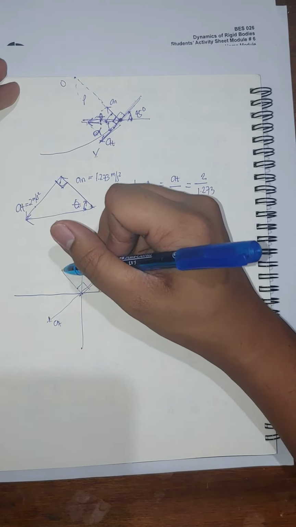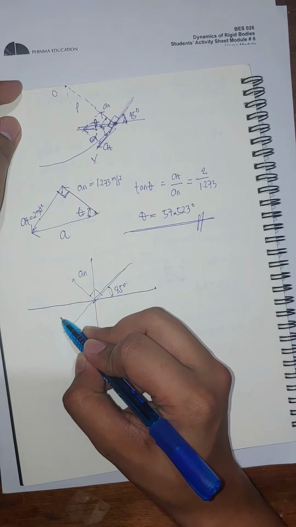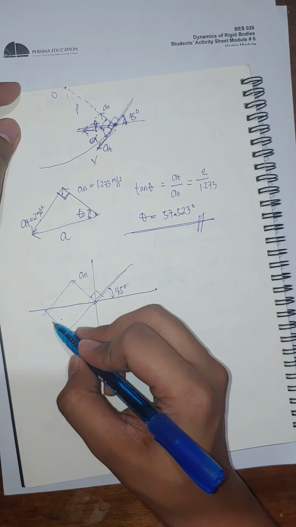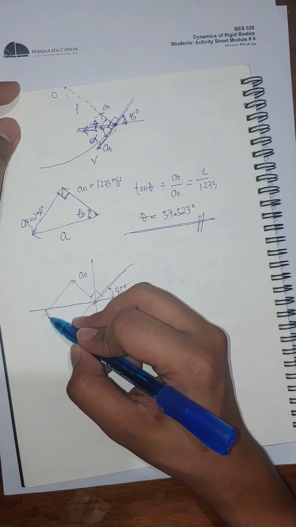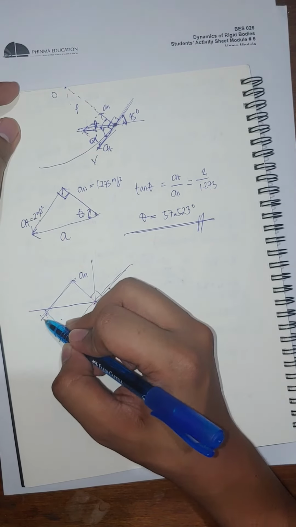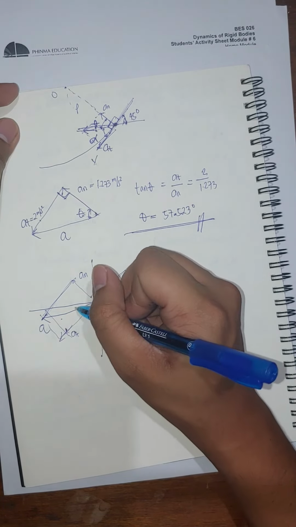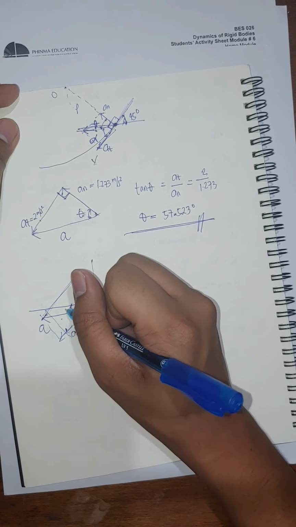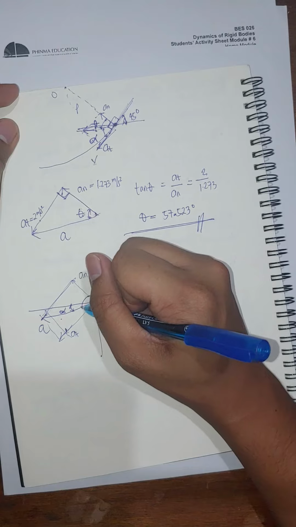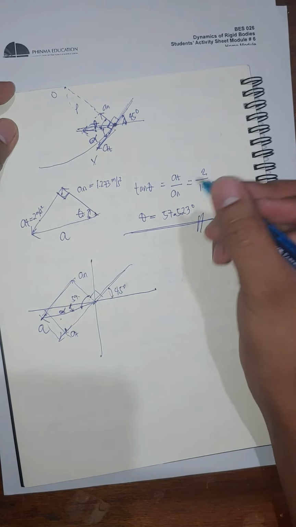90 degrees ana is natay normal acceleration, and then at this point naa-diri si acceleration. So ato na siyang kwaon. Let's say this is alpha. Na naman tayo angle ni di ba? This is 57.523 degrees.